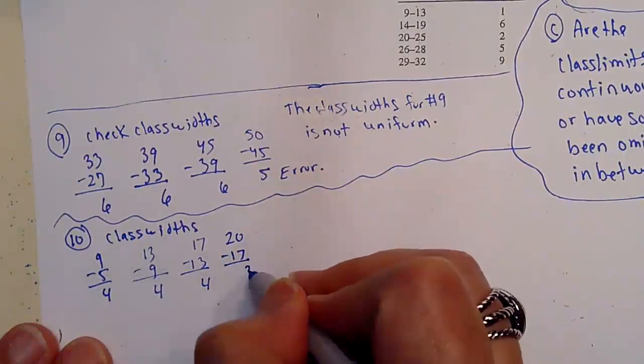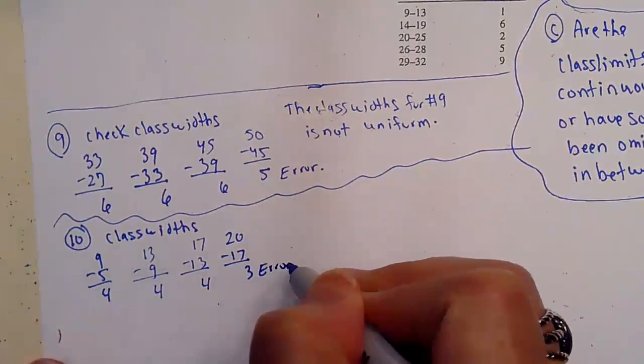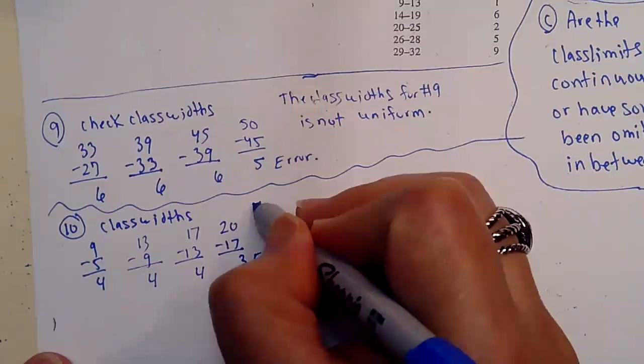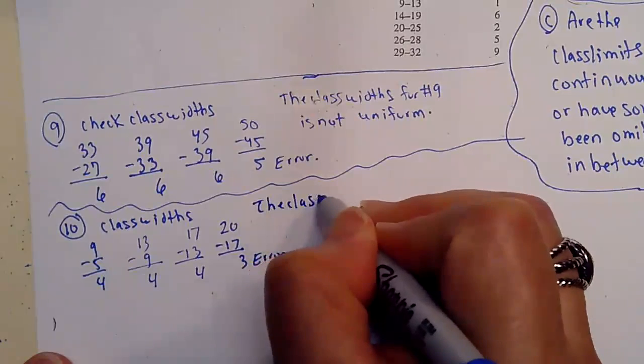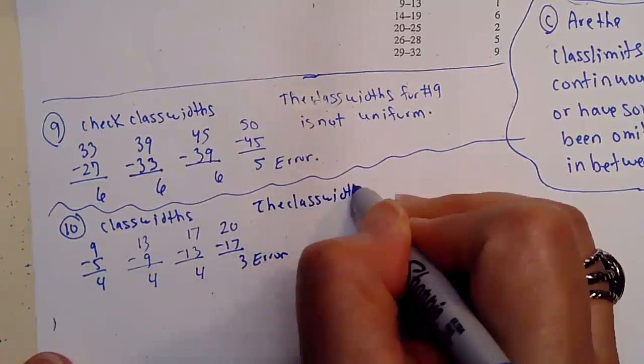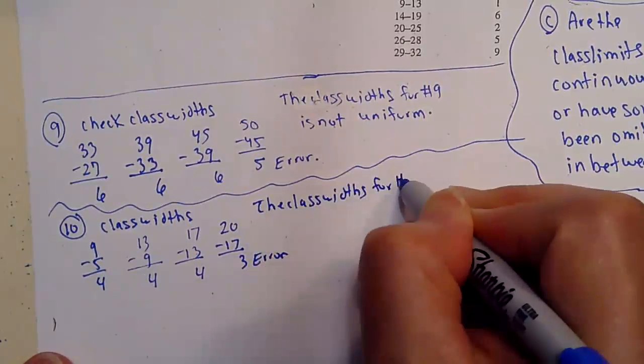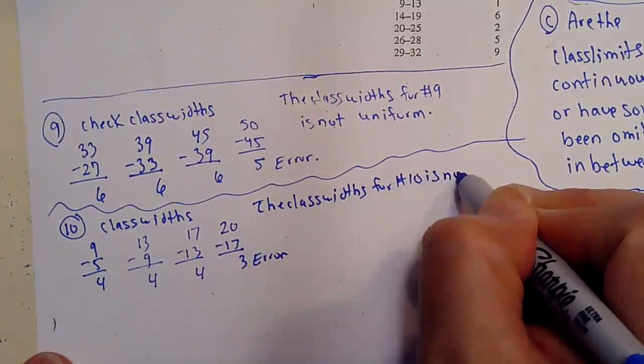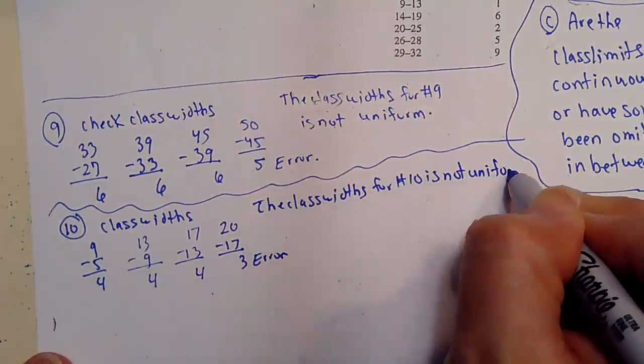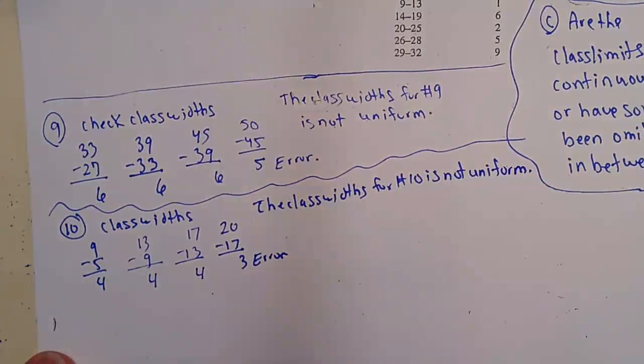So you see that's an error. Right there, that's showing that the class width for number 10 is not uniform.